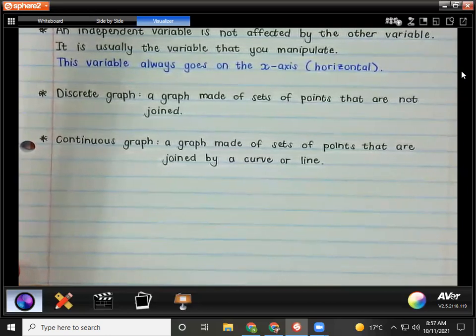Okay, any questions at this point, guys? We're just going to look at an example and then you're going to do a few on your own.